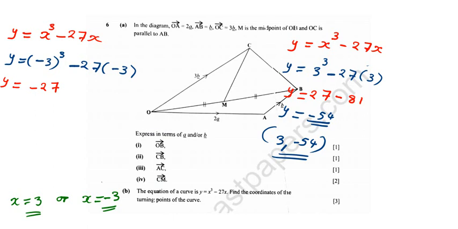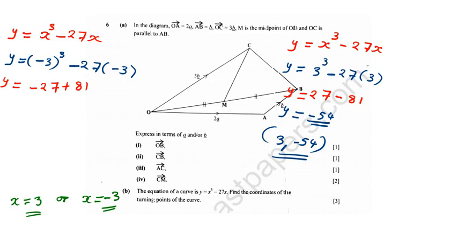Negative 27 times negative 3, I'm getting a positive 81. So here it is plus. I'm multiplying 27 times negative 3 and getting 81.